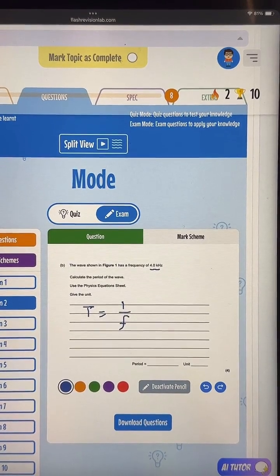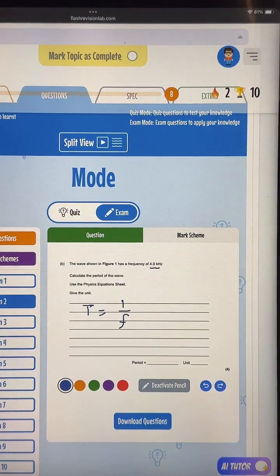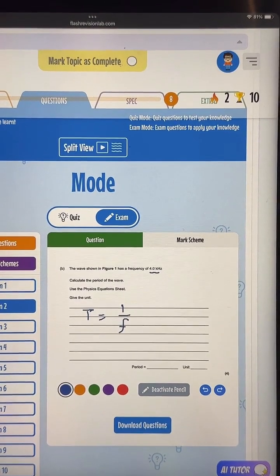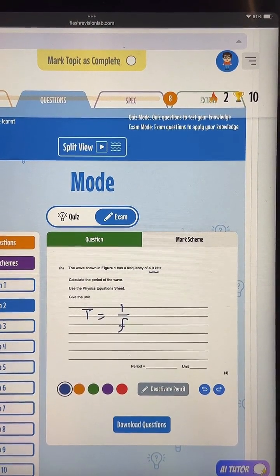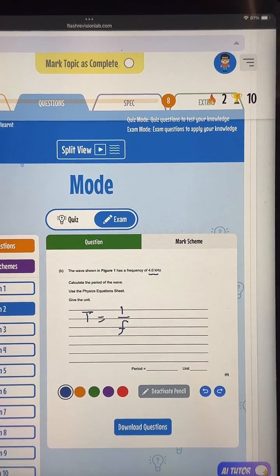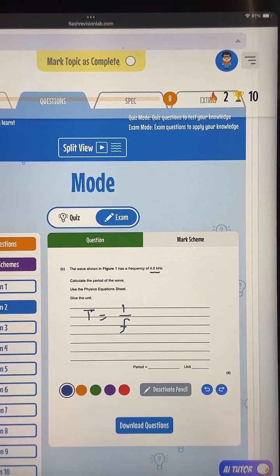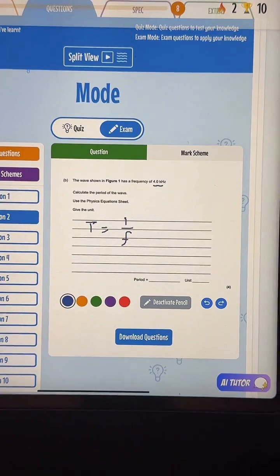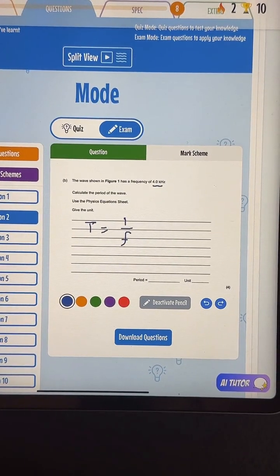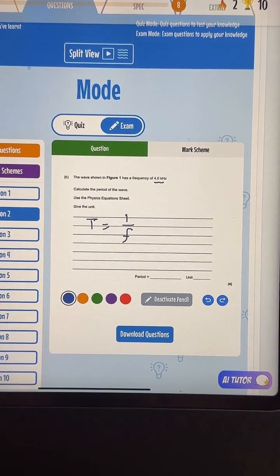The first thing I wanted to point out is that it's kilohertz. The standard unit for frequency is hertz. So what would the conversion be to turn it from kilohertz into hertz? Anyone know? Times by 1,000, Tina, correct.